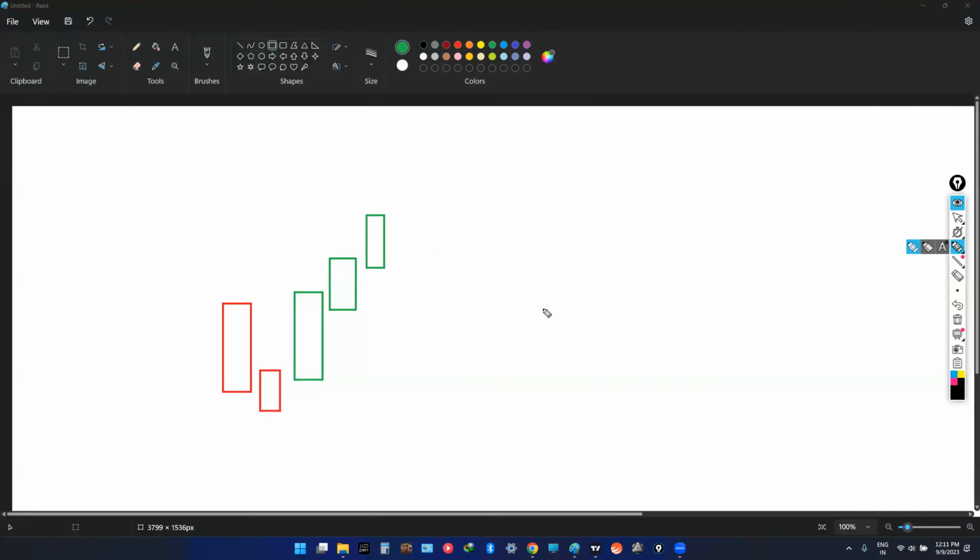Why is this not an uptrend? Because, as we just discussed, this has to be our first part. A rising price has to be our first part, but here we can see a falling price. So this cannot be an uptrend.